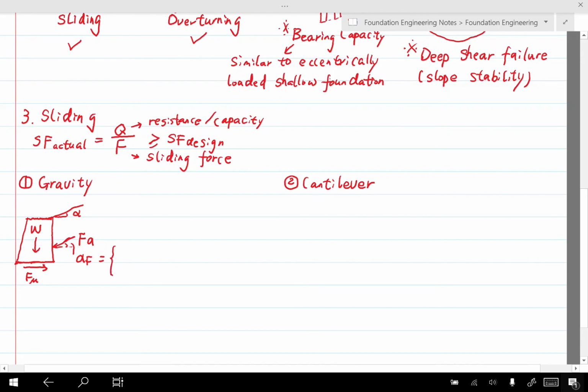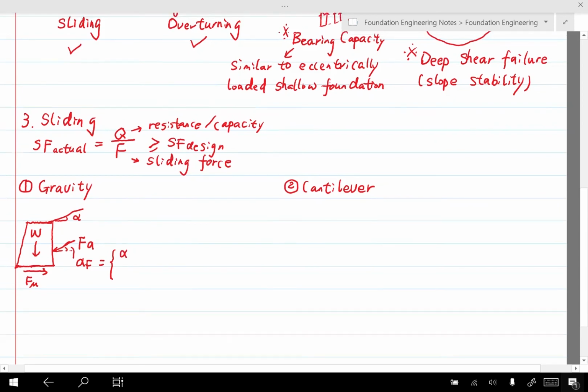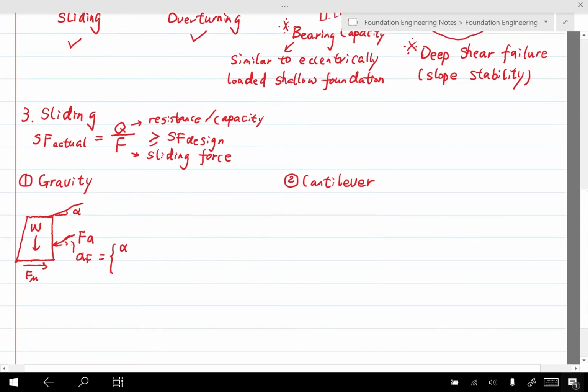If we are using the Rankine's earth pressure theory, then alpha F equals alpha. That is the inclination angle of the backfill. This is for Rankine. If we are using Coulomb's theory, then this angle is 90 degrees minus beta. Remember, this is beta.